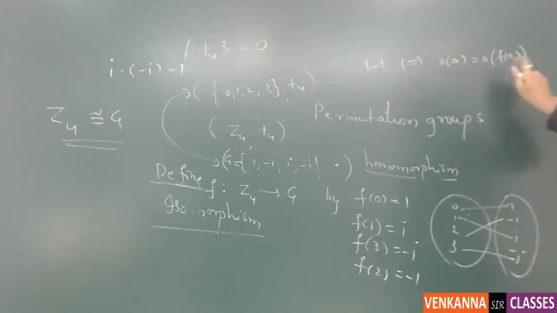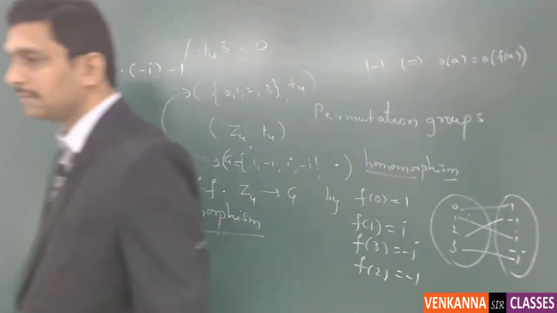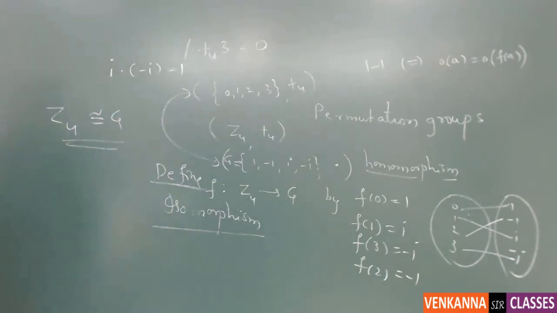Order of a is equal to order of f of a. Following this type of criteria, we should build a homomorphism as well as a bijection. Okay? Any other queries on the methodology for anyone? How it is constructed actually? Tell me. If it is clear, I will take a definition now.